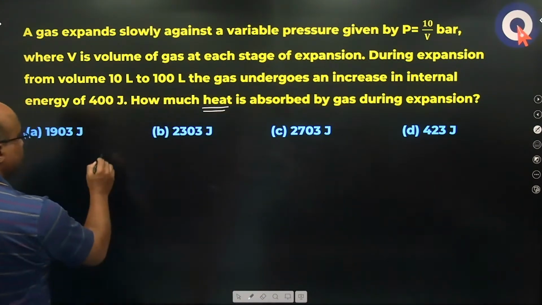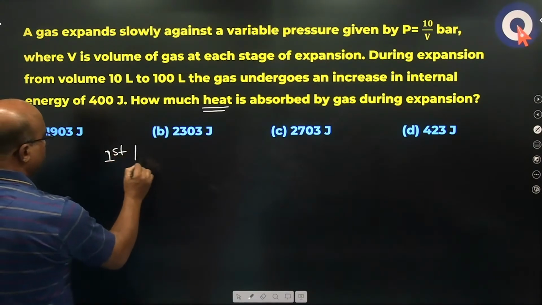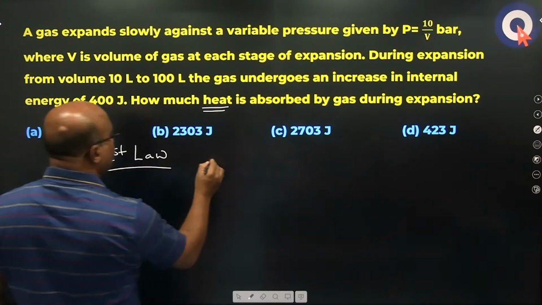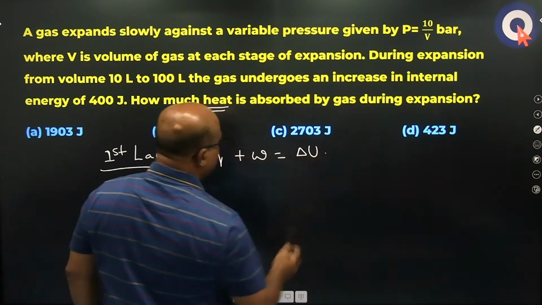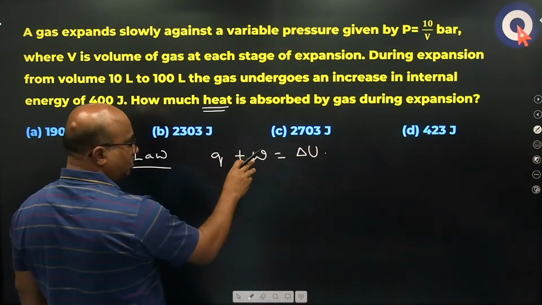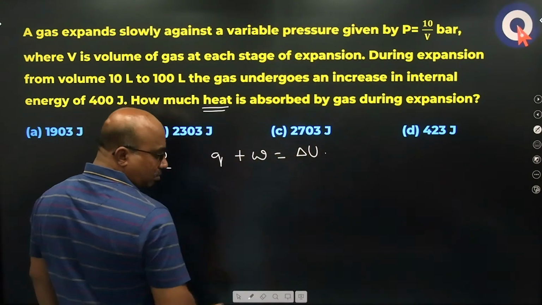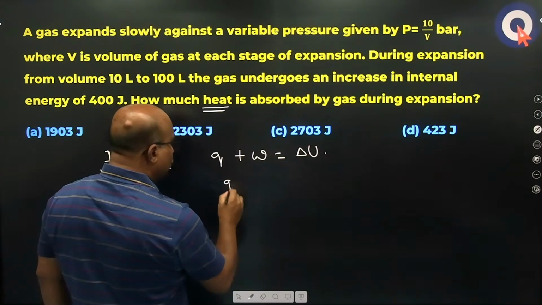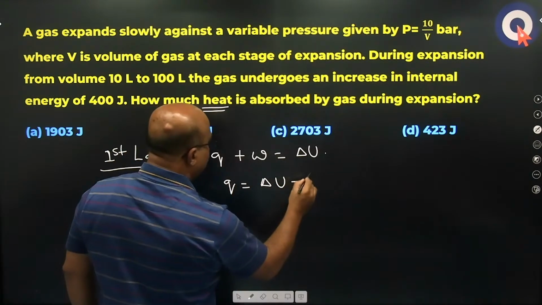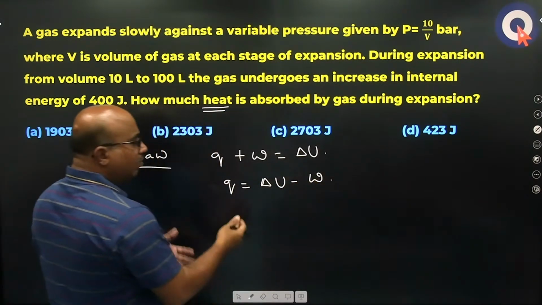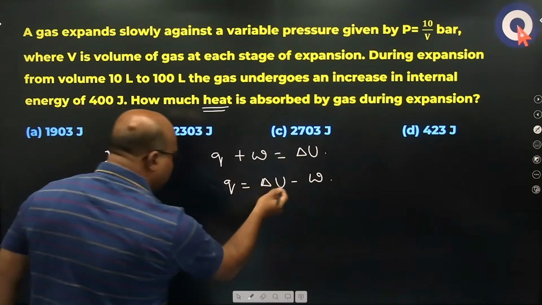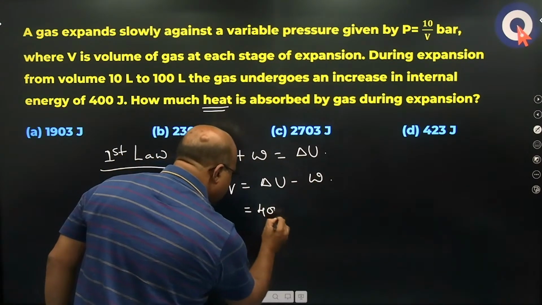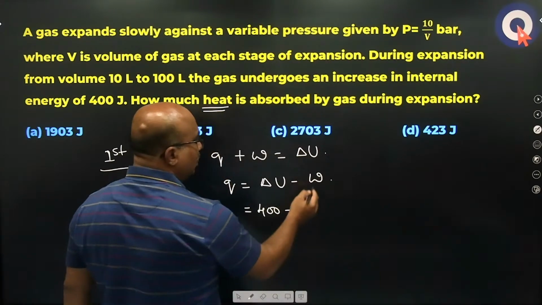According to the first law, Q plus W is equal to delta U. So once you calculate the work, Q is delta U minus W, which will give the net heat. So already this is 400 directly given for us, minus what is PdV.